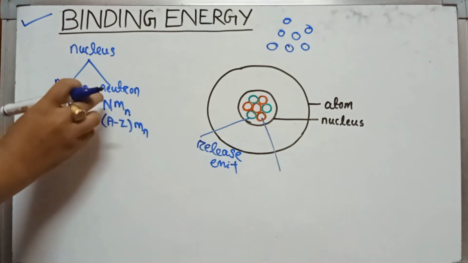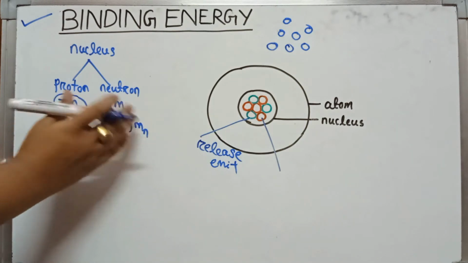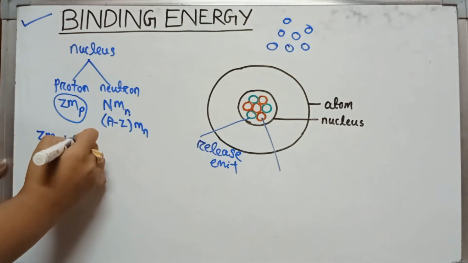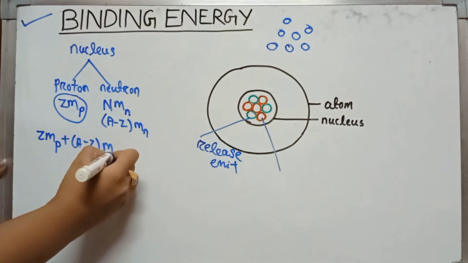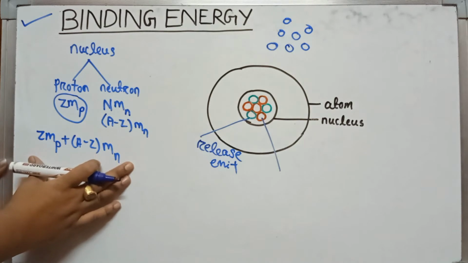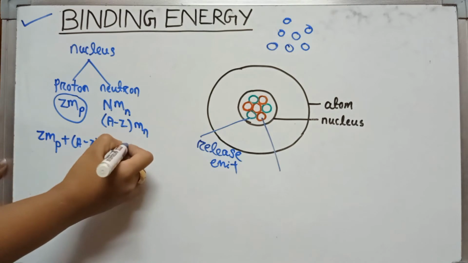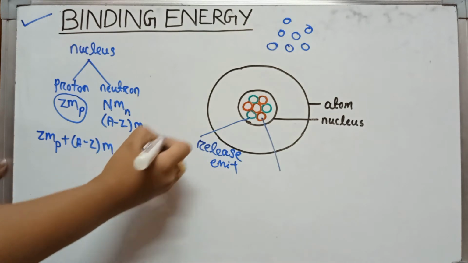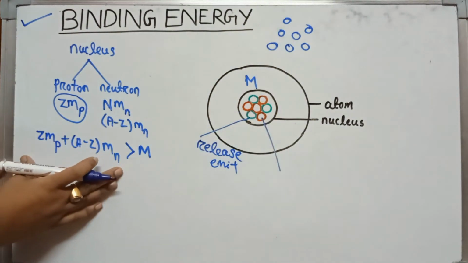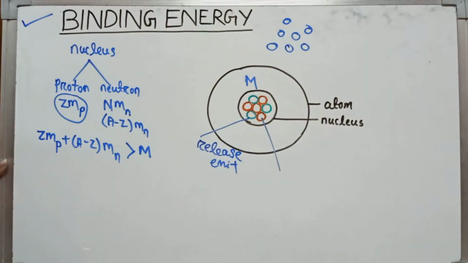When we add the total mass of protons and the total mass of neutrons, that means the total mass of nucleons, this total mass of nucleons is greater compared to the actual mass of the nucleus.